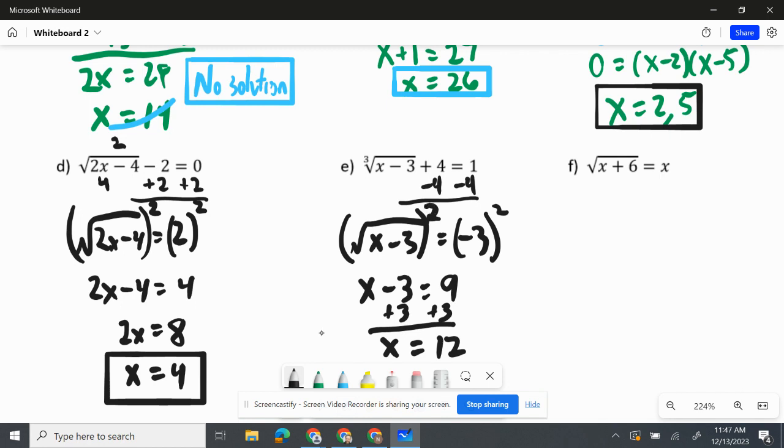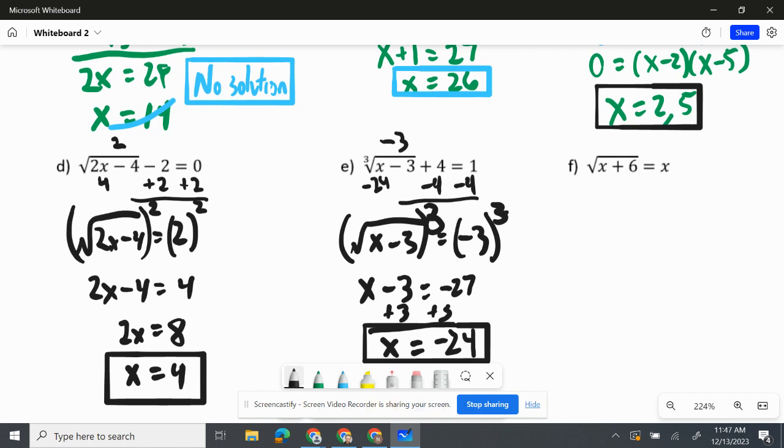Sorry, not square it, cube it. And that gives me negative 27. And then when I add the 3, that gives me negative 24. So let's plug that in. If I plug in a negative 24, that gives me negative 27. The cube root is negative 3. Negative 3 plus 4 is 1, so it works.